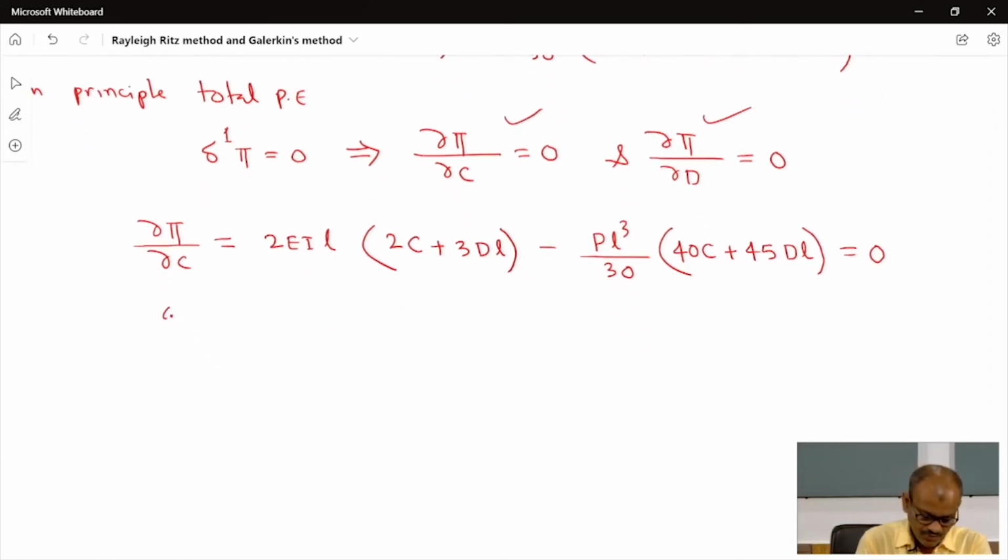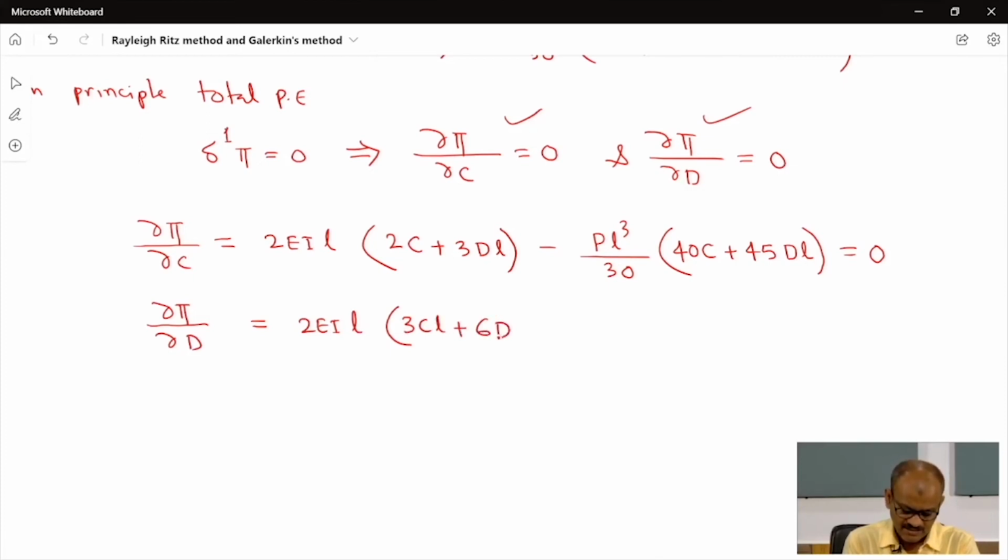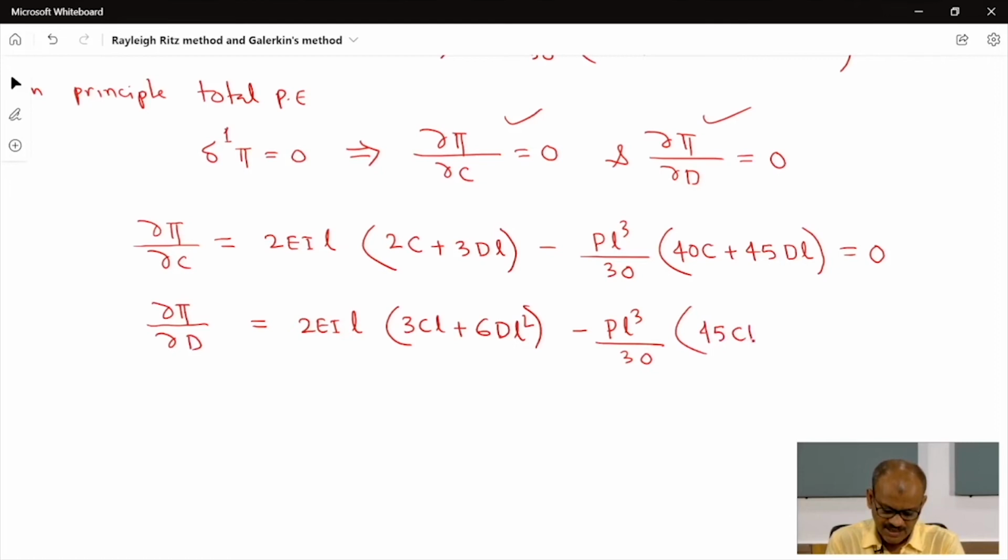And if we do partial differentiation with respect to d, this will give 2 EI L multiplied by 3 cL plus 6 d L square, minus P L cube divided by 30 into 45 cL plus 54 d L square, this equal to 0.